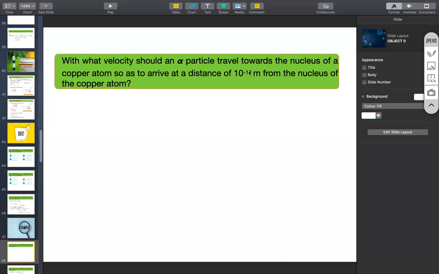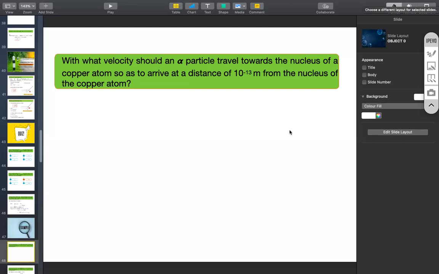Now I think I should tell you. Here, in the half mv square part, mass should be taken as the mass of the alpha particle, right?